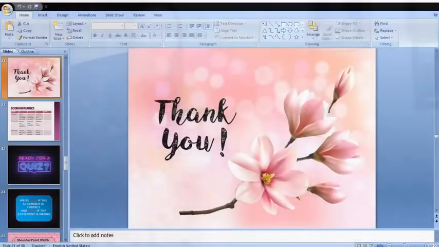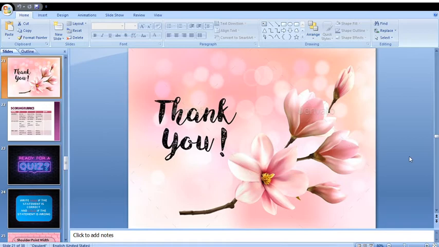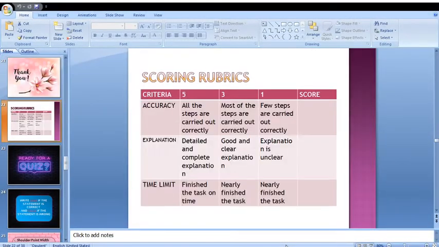Alright, so are there any questions, class? Now I need the representatives here in front to take the body measurement of each group. This is your scoring rubric.